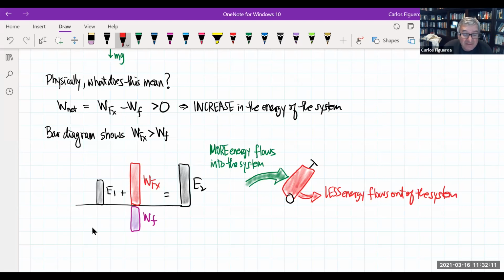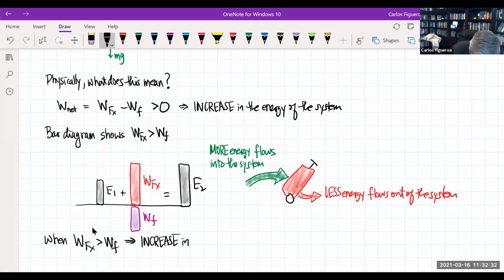And so the power of this is that what it's really telling us here is that when the work of f of x is greater than the work of friction, the increase in energy must account for acceleration.